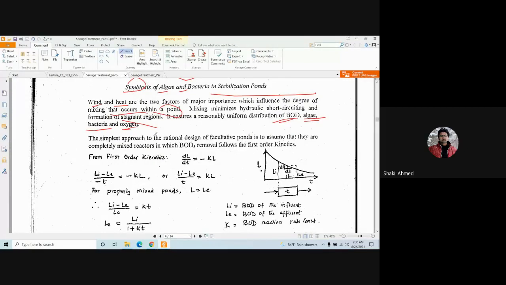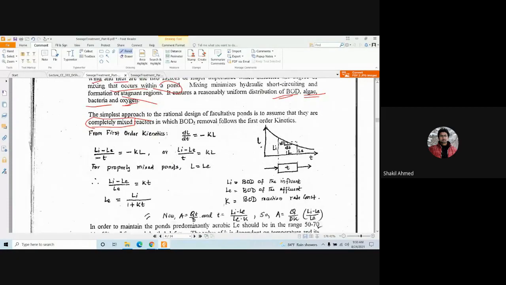The simplest approach to rational design of a facultative pond is to assume that they are completely mixed reactors. Which is practically not always true, okay, but just assume they are completely mixed.